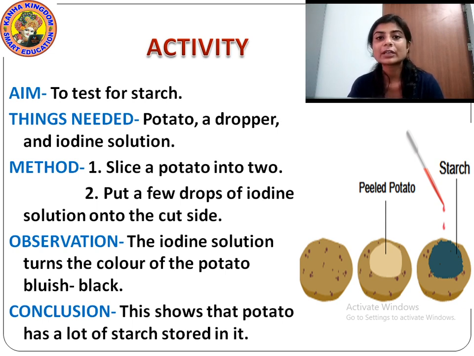If you put the iodine solution on the cut side of the potato, and if that potato turns bluish black, it means that the potato contains starch. The food that is prepared by the plant contains starch, that is carbohydrate. By this activity you can prove it. Understood?